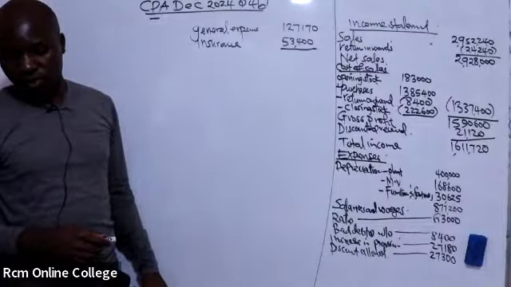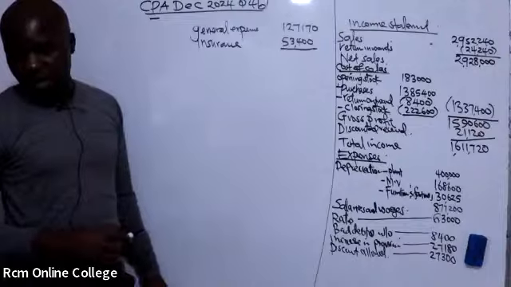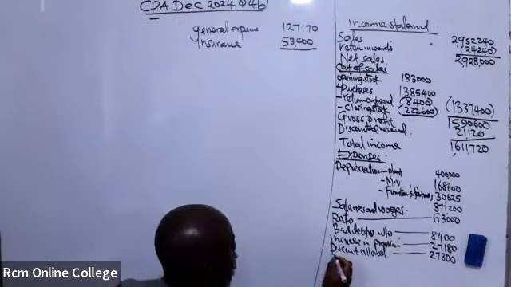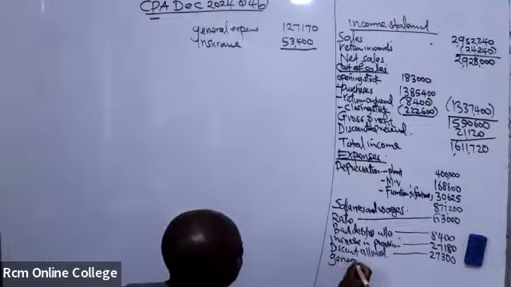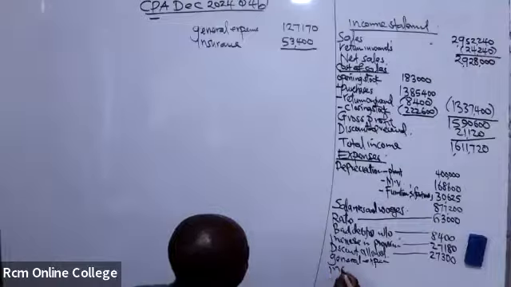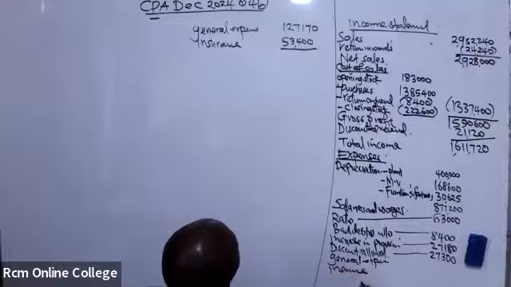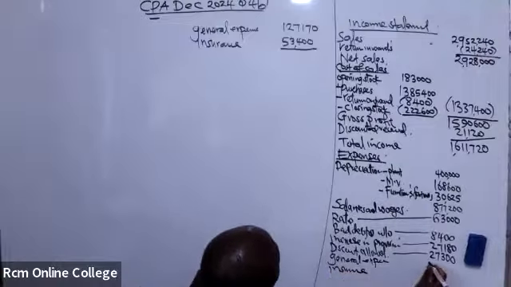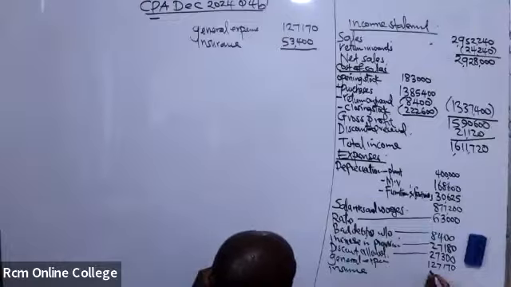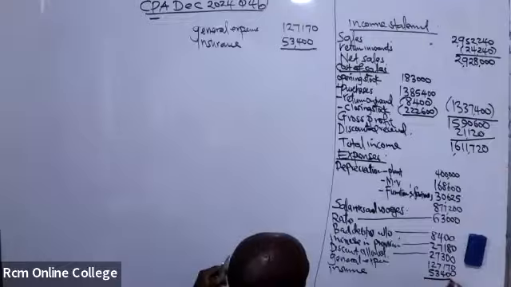But I can actually add the general expense and the insurance down here, expenses like insurance. So we have 127,170, then we have 53,400. So let's put all the expenses.